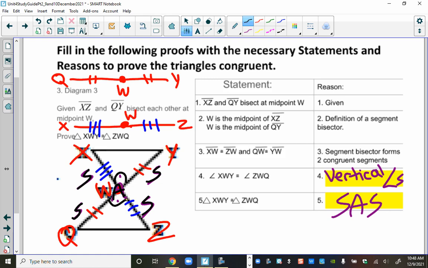All right, questions with this problem here? On the test, you're going to get something like this. But you have to understand that midpoints make sides congruent to each other. And with the bow tie, you get your vertical angles.